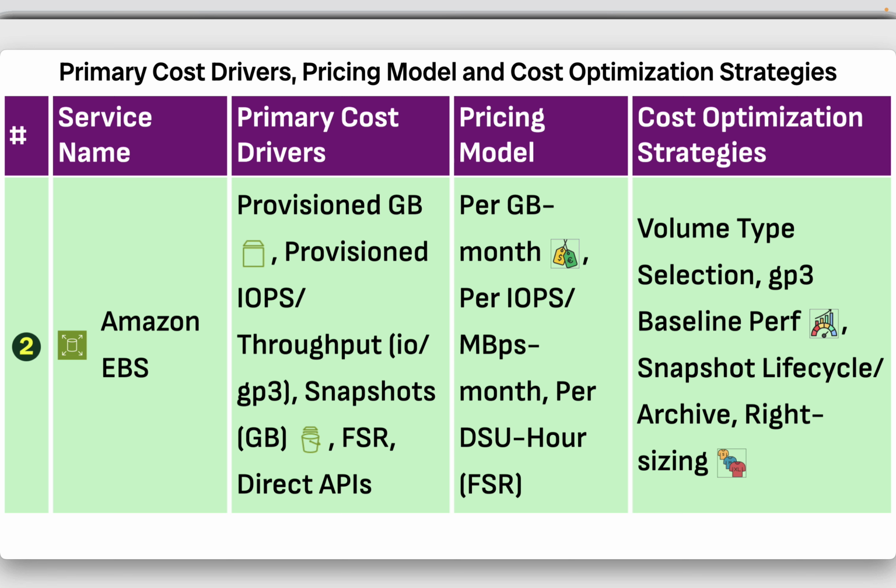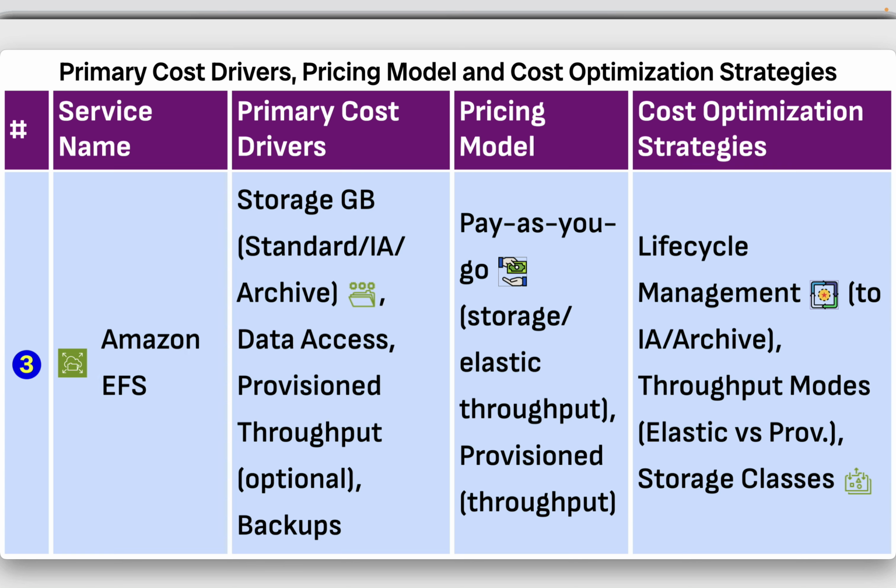The pricing model is per GB per month, per IOPS and per MBps per month, and per DSU hour. And cost optimization is the type of volume that you select, gp3 baseline performance, snapshot lifecycle and archive policies or processes you have in place, and right-sizing to the right type of EBS. So that's how you will optimize your cost.